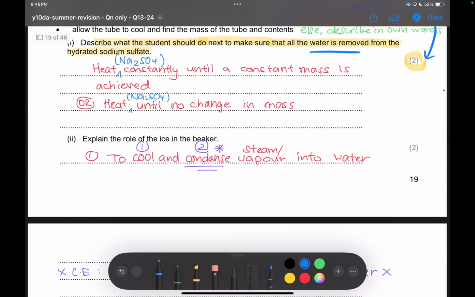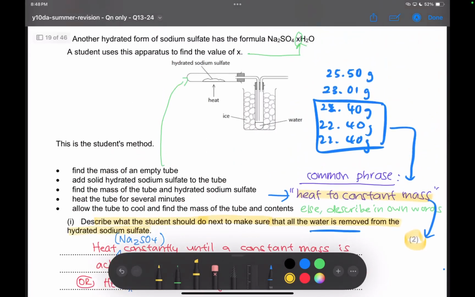Right, next one. Explain the role of ice in the beaker. Where exactly is this ice in the beaker? Take a look at the setup. So essentially, we want to put some ice over here. Now what's happening here is during the process of heating, this water will be turning into water vapor. And this water vapor, there's only one way, so it will just go in here.